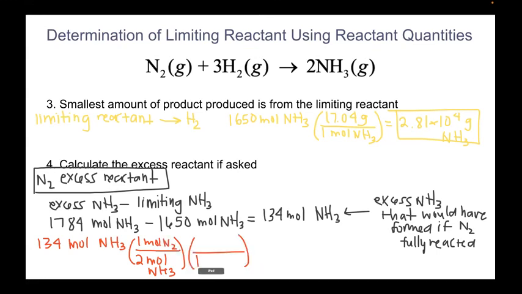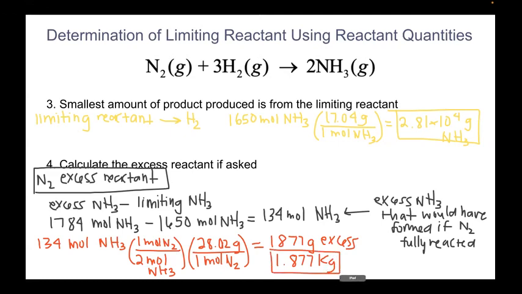So for every 1 mole of N2, we ultimately also have 28.02 grams of N2. So when I plug that into my calculator, we get 1877 grams of excess, or we would be able to say that's 1.877 kilograms of excess, which if we check our problem, we start off with 25 kilograms of nitrogen, of which we have 1.877 kilograms left over.